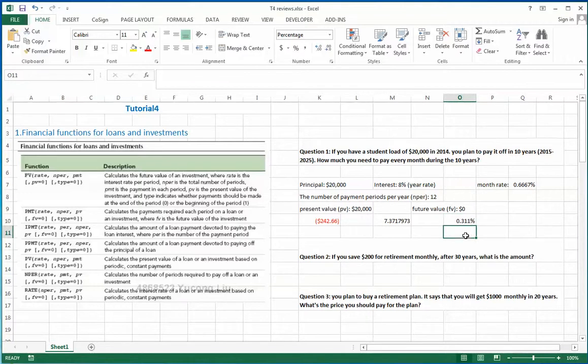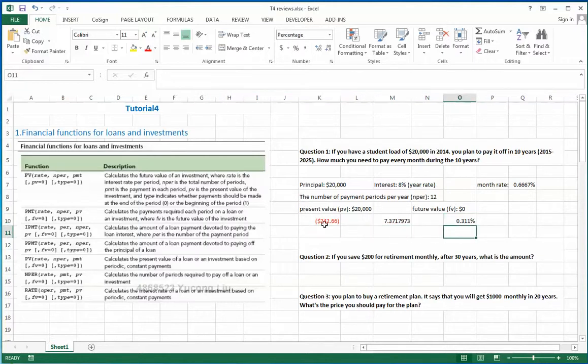So if you found a company that charges you a rate, the interest is 8%. If you found an interest of just 3%, then every month you only need to pay $200 instead of $242.